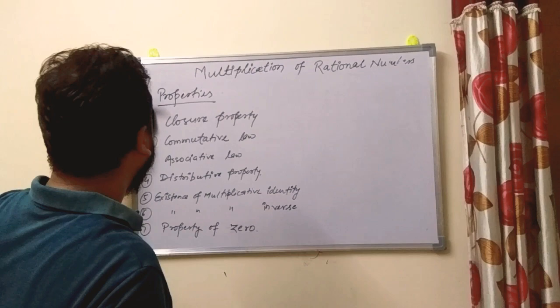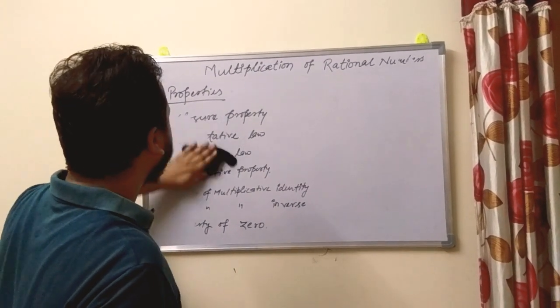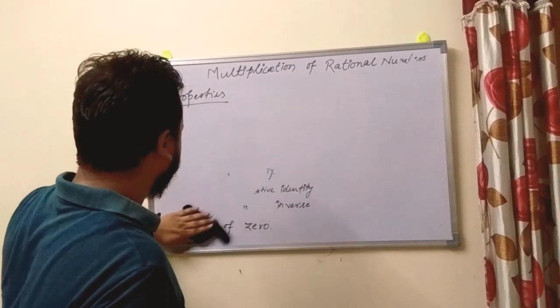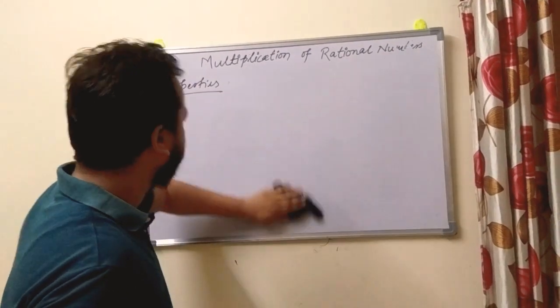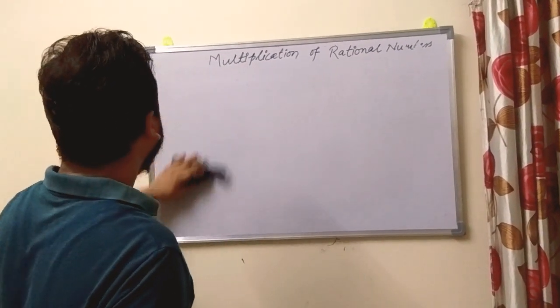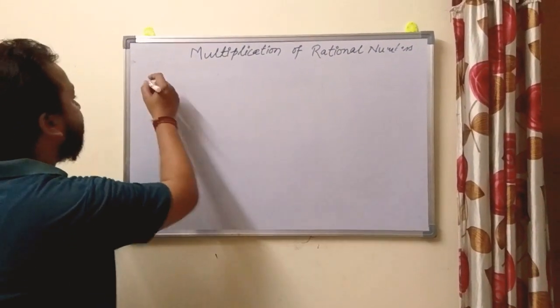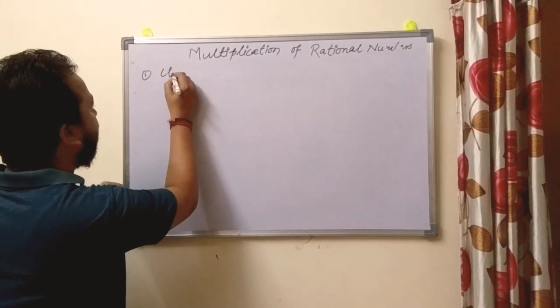Now take the first property. First property is the closure property.